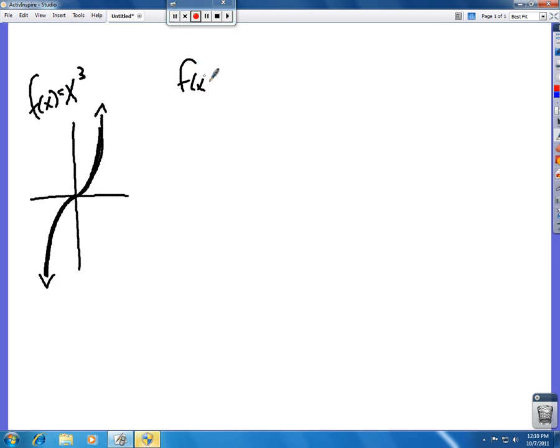If I were to ask you to do f of x equals x cubed plus 1, as we did back in section, I think, 2.7 or 2.8, where we were moving the graph up and down and left and right on the y and x axis, here we would simply be moving up the y-axis 1 point. So it would be the same graph as x cubed, but instead of going through 0, 0, it would be going through 0, 1.